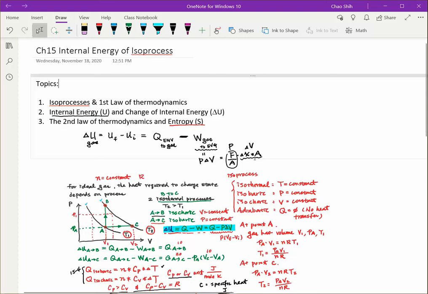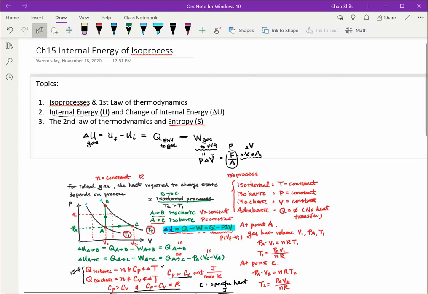If we multiply this whole equation by an A, then divide by an A, which is the area, then we didn't change the F times delta X. And then you recognize F over A is simply the definition of the pressure, and the area times the change of X is our change of volume. That's where this P times delta V comes from. So you can calculate work based on force times displacement. It's also equal to pressure times change of volume.